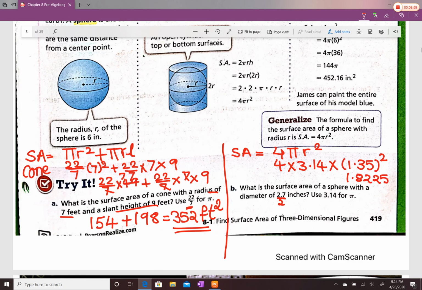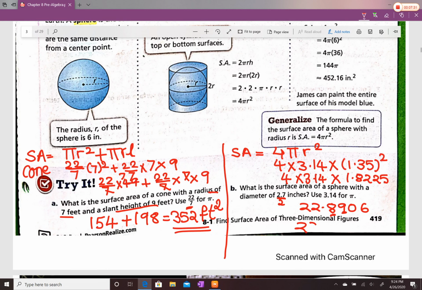Now whenever you get this kind of number, do not round it up here. Make sure you're rounding at the end. You're not supposed to round anything you get here. Times 3.14 times 4, I get 22.8906.